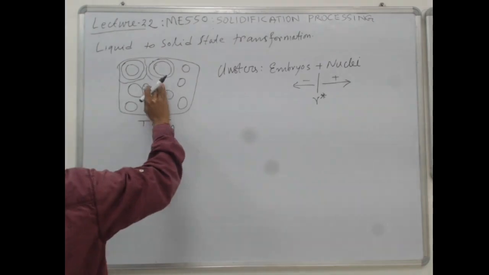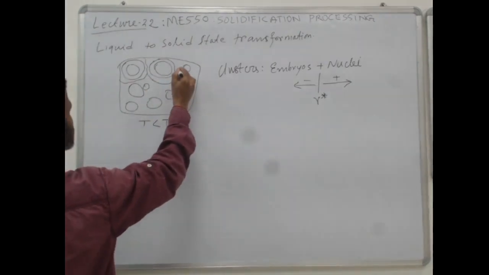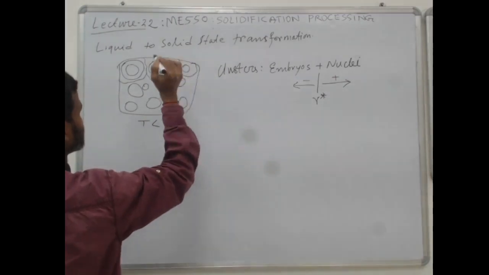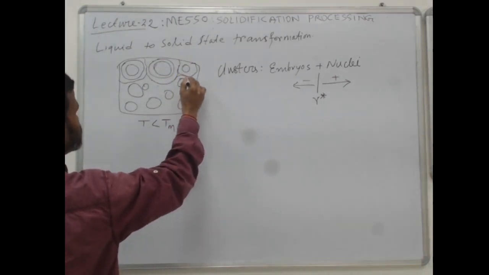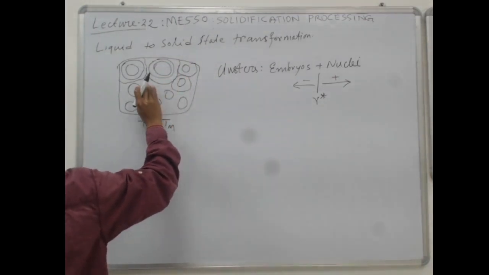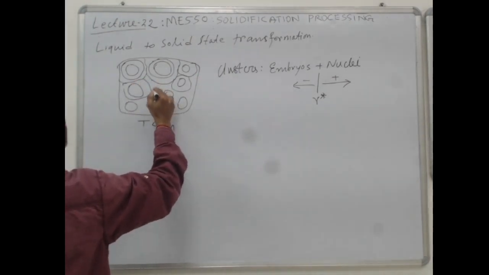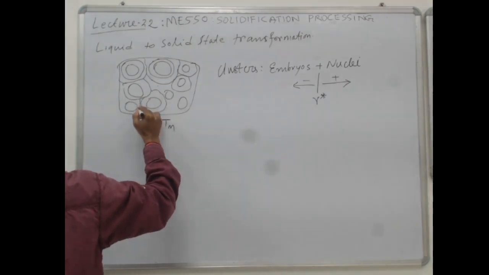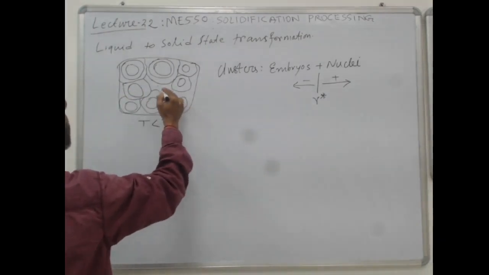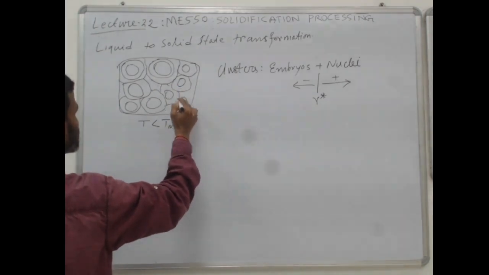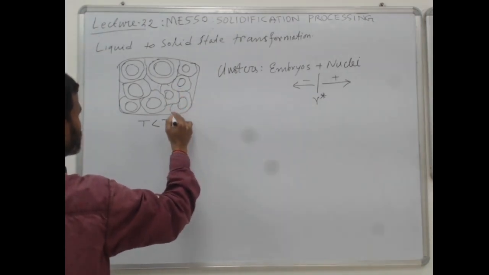Similarly, we can consider this also smaller, so it will go back. If it is bigger, then it will grow. So ultimately, if it is smaller, it will dissolve. So ultimately, we end up getting the solid phase out of this liquid phase.